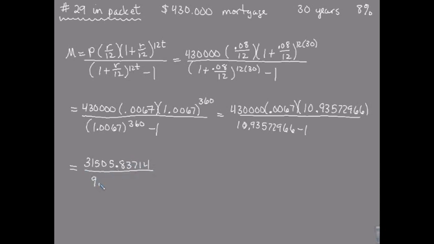And I subtract the denominator. And then I divide. So the monthly mortgage payment on this loan would be $3,170.96 monthly.